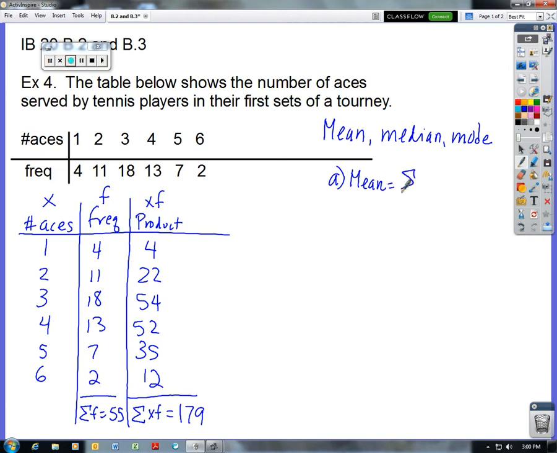We're going to do the summation of the product, X times F, over the summation of the frequencies. So that's 179 divided by 55 equals 3.25. So on average, there were about 3.25 aces.